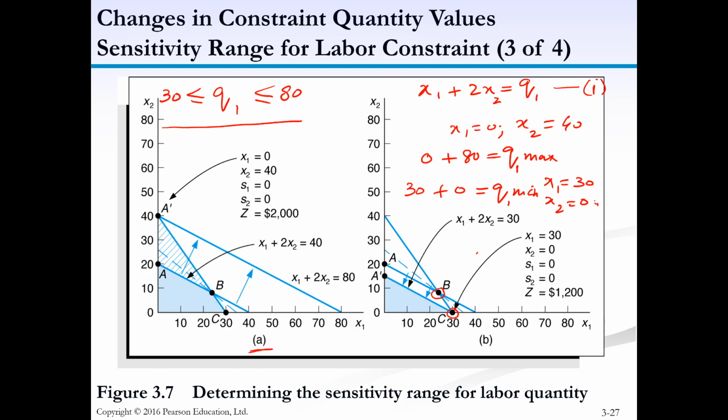Another concept is the worth of the resource. The worth of one unit of that resource is called the shadow price. So if this constraint, which is a labor constraint, is for example x1 plus 2x2 is equal to 41, we would like to see if we have one more labor hour, how much the profit increases.